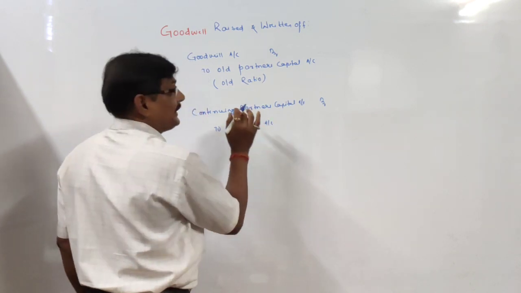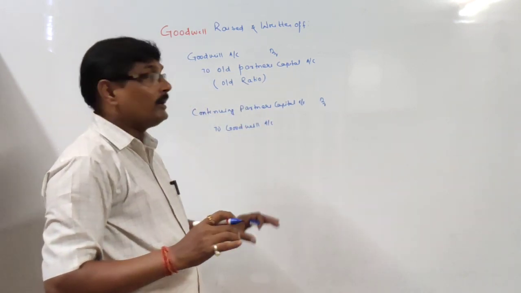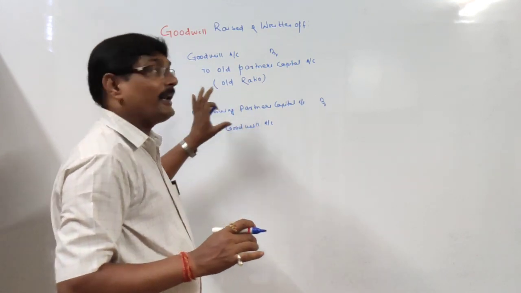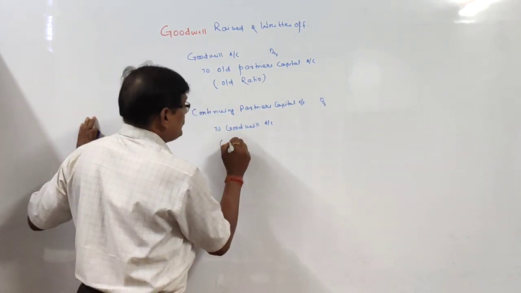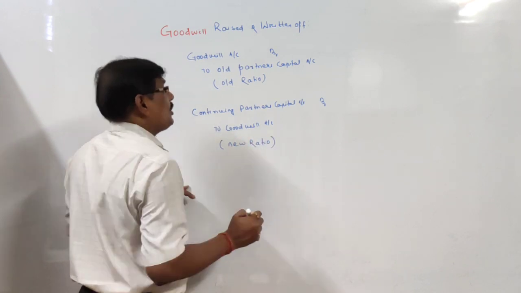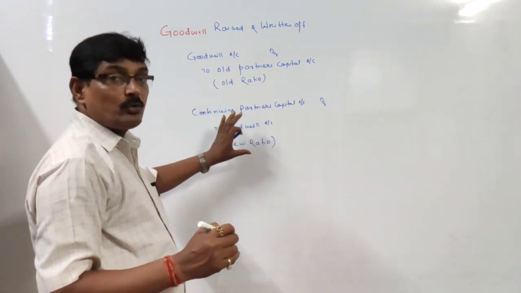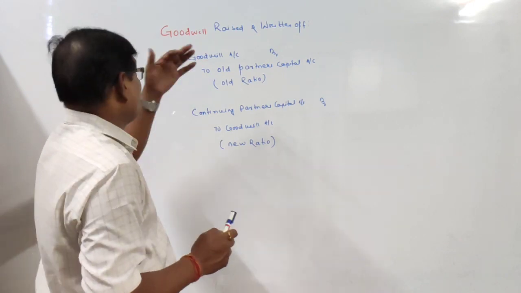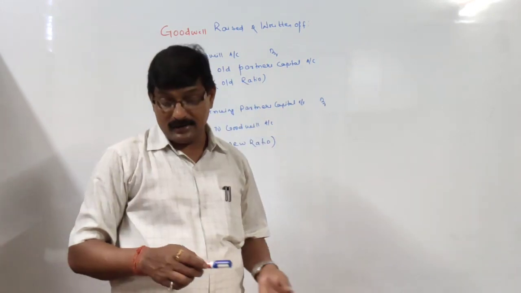This is writing off of the raised goodwill in the new ratio. This is one case when goodwill is raised and written off.